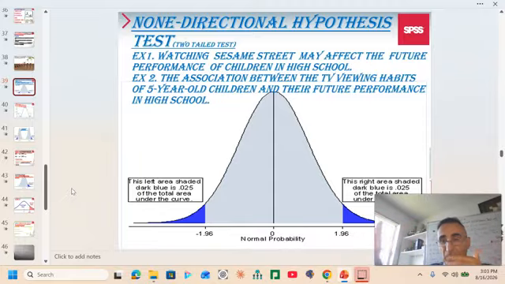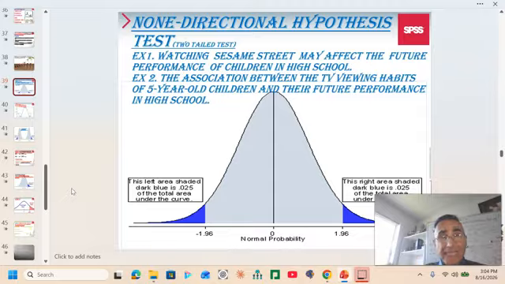My hand's going the wrong way because I see on the screen go left, but increase means to the right. If you say consumption of sugar decreases, then it's to the left. That is a directional hypothesis.